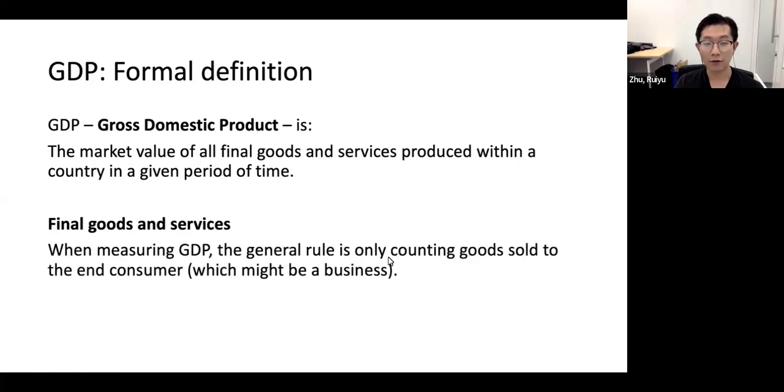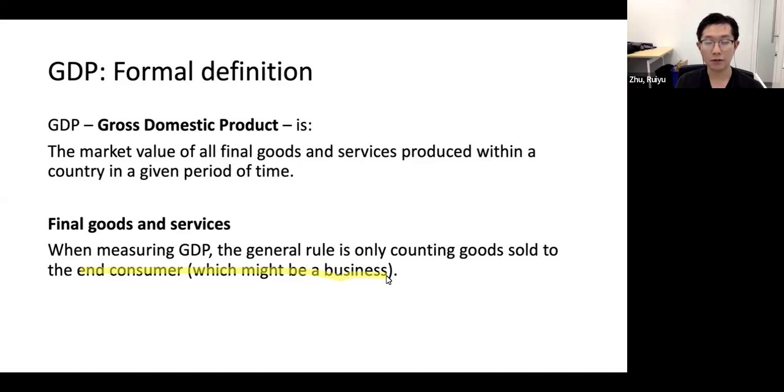When measuring GDP, the general rule is that we only count goods sold to the end consumer, right? Suppose we have the steel manufacturing industry and the car manufacturing industry. The steel industry will produce steel, and the car industry will use steel to produce cars, right? To calculate the total value, we are only calculating the value of cars.